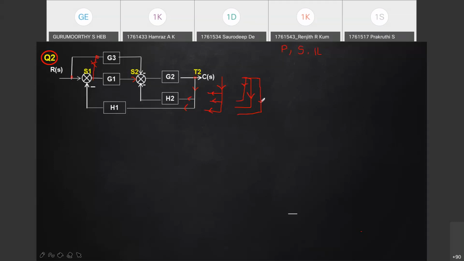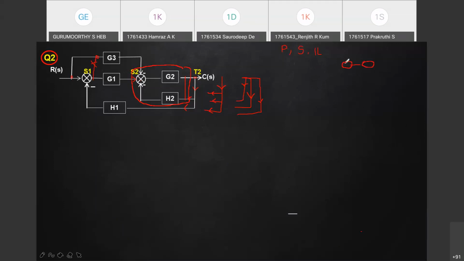So if you do like that, then this G1, this S2, H2, and this particular, if you imagine here, it will become an independent loop, and you can solve it using the G of S divided by 1 plus or minus G S H S formula, and reduce it to one block. And S2 also. You need not show it as a separate step, but if it is difficult to realize, you can split that summing point into 2 summing points like this.